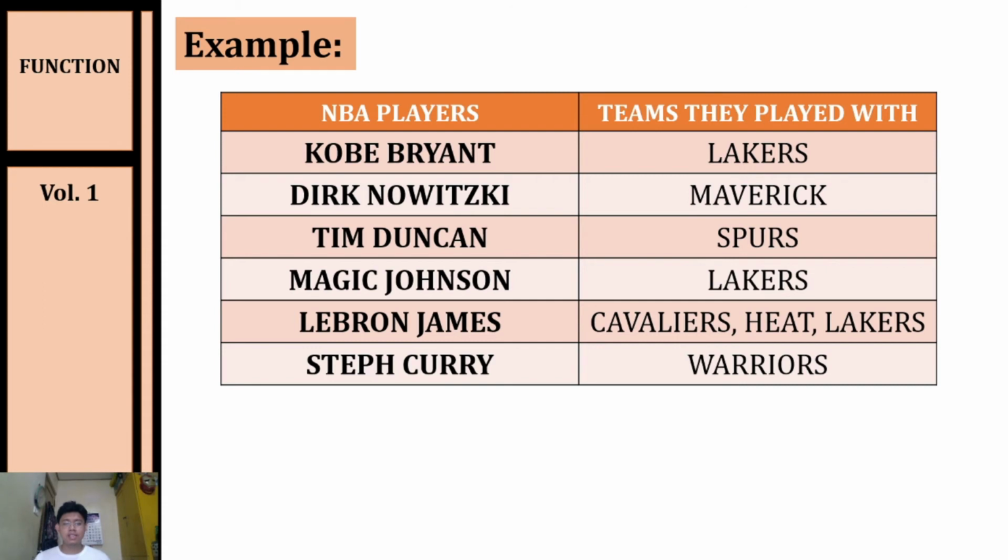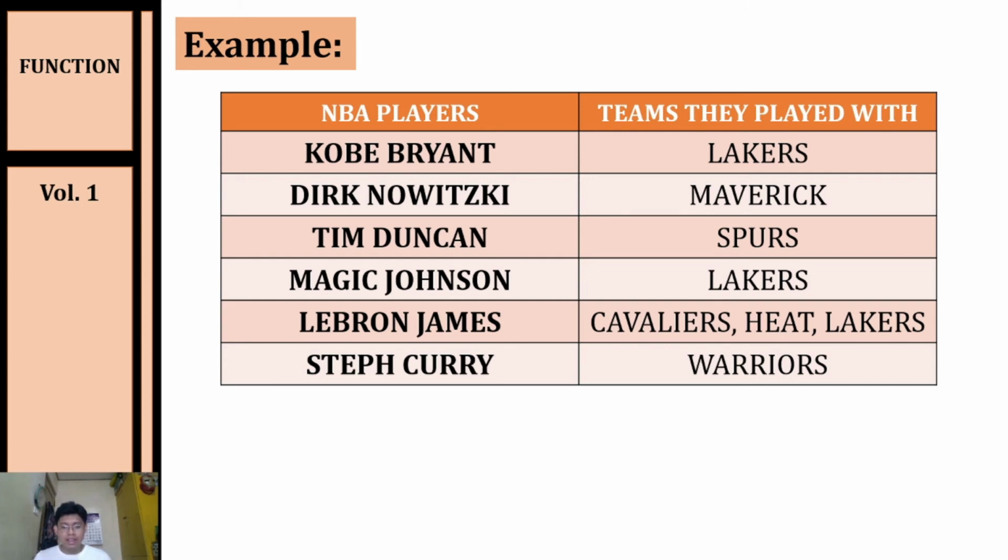Okay, let's have another example. For example, we're given this table of values. Our x-coordinate here will be the NBA players, and our y-coordinate here will be the teams they played with. Let's check our x-coordinate if we have a repeating element. In this case, we don't have any repeating element. Now let's check our y-coordinate if we have more than one value.